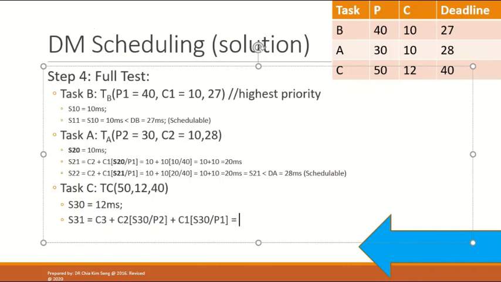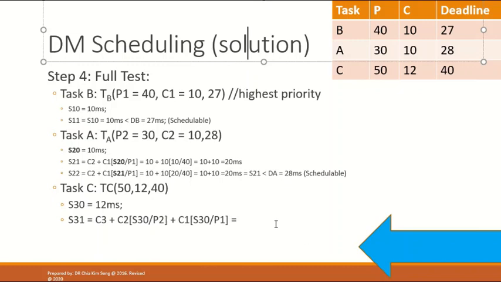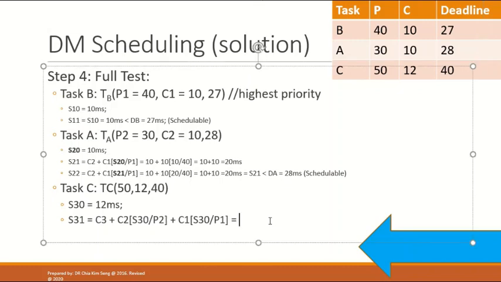So we have come out with the formula already, and now we substitute the values. 12 for C3. This one is C3, so P3 no need to do already. And then C2 we have 10, am I correct? 10, and then the ratio 12 divided by P2. P2 is 30. Then we plus 10 multiplied by 12 again, divided by P1, which is 40.